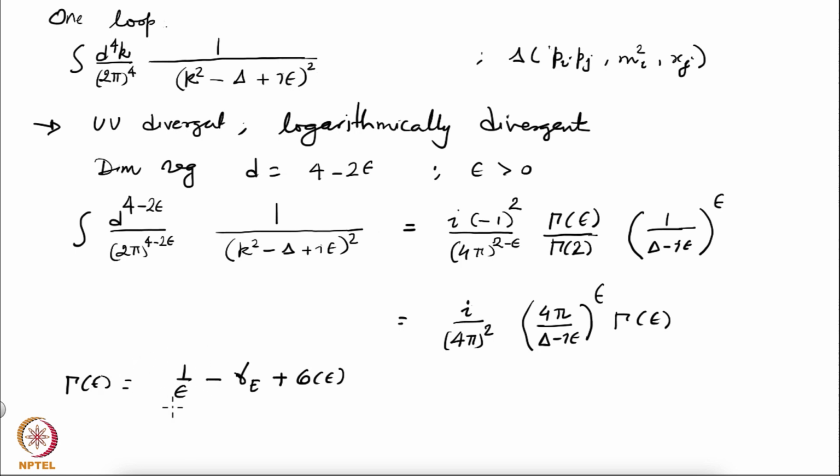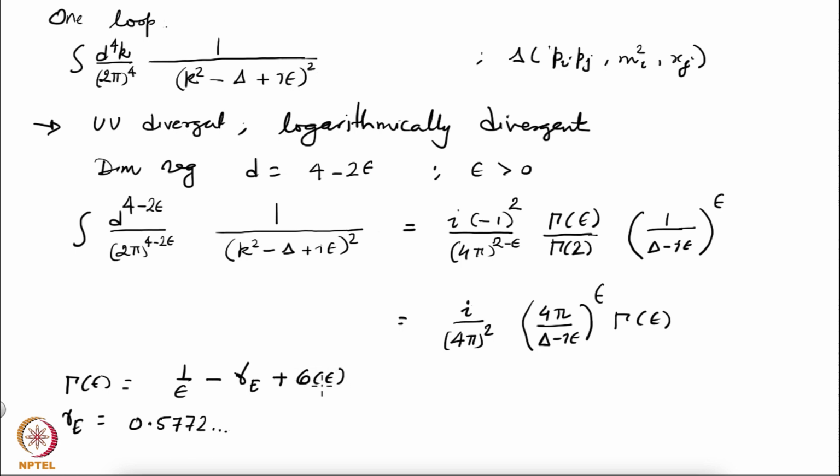Gamma of epsilon is 1 over epsilon minus Euler gamma, where Euler gamma is a number which is 0.5772, and of course you have more digits in this, and then you have terms which are order epsilon.